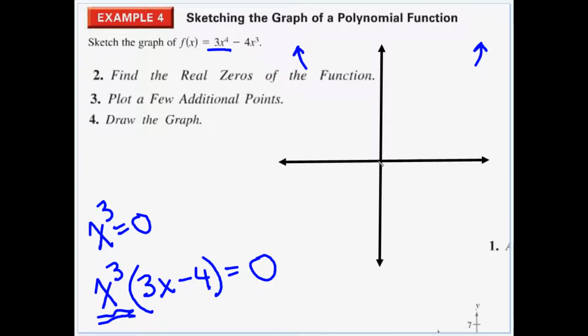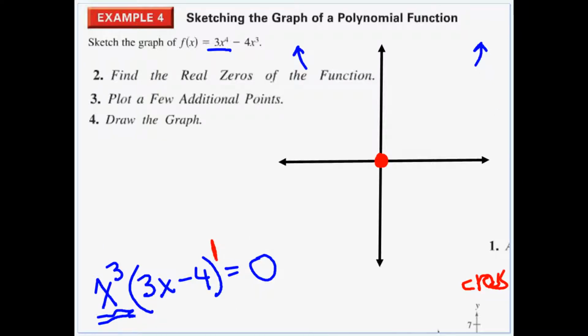I'm going to put a dot on the graph now, right at the origin. And because it's an odd exponent, it's odd multiplicity, that means we're going to cross at that point. So keep in mind, we're going to cross the x-axis at the origin. We've got another factor, though.